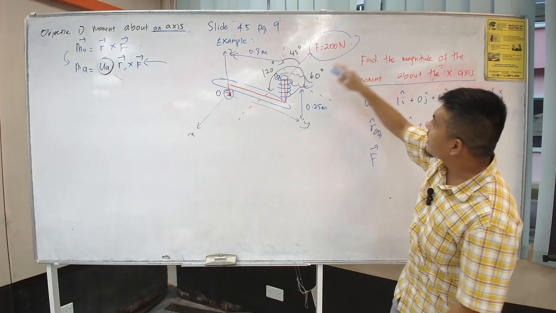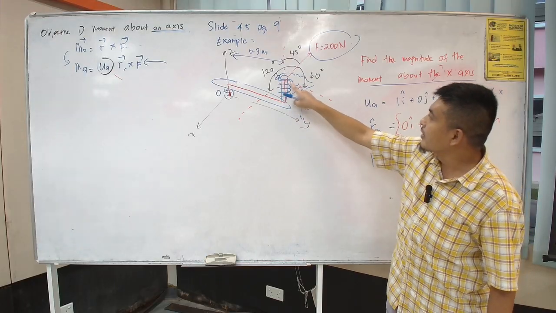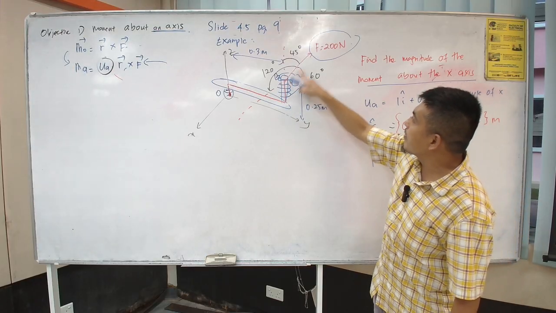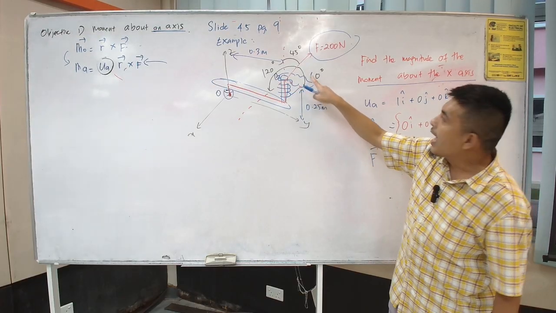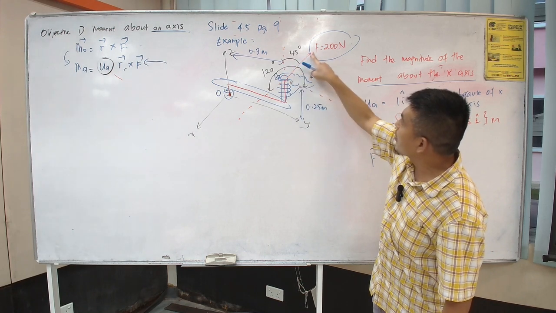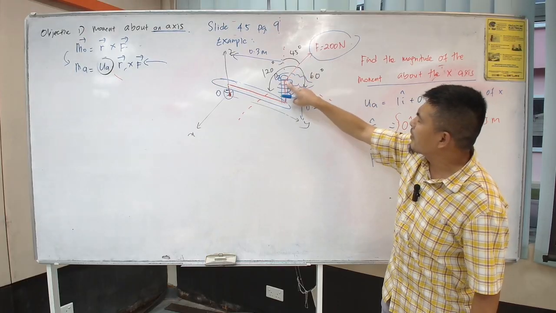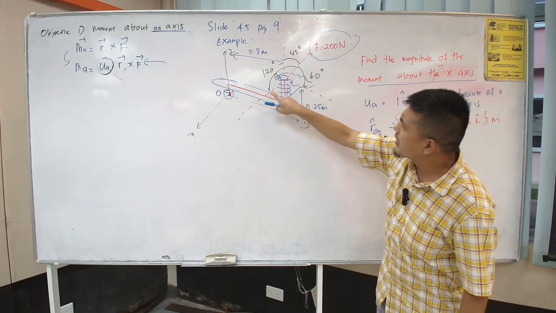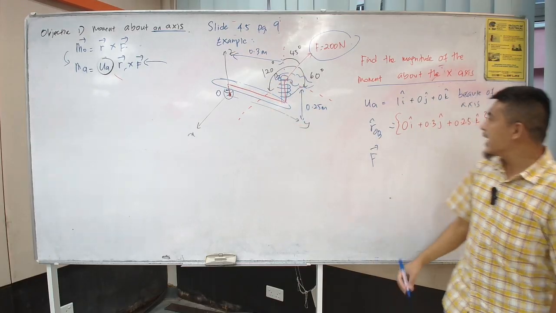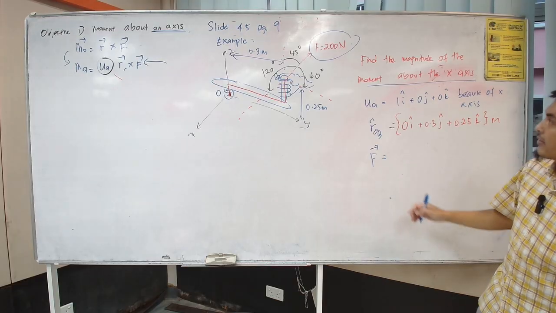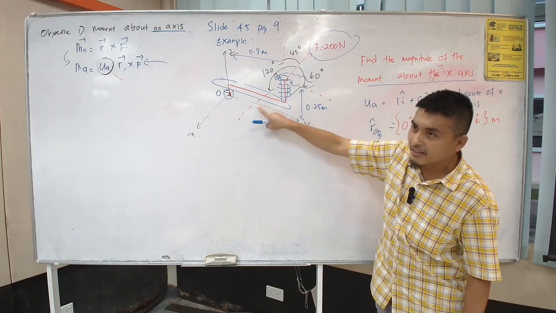So you can see that this is the force and this is the Y axis. How many degrees between the force and the Y axis? 60. How many degrees from the force to the Z axis? How many degrees for the force to the X axis? 120. So in order to find the Fx, we need to know the angle between the force and the X axis.